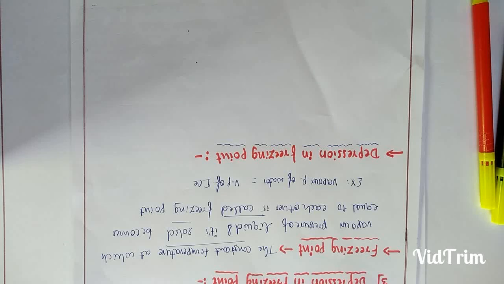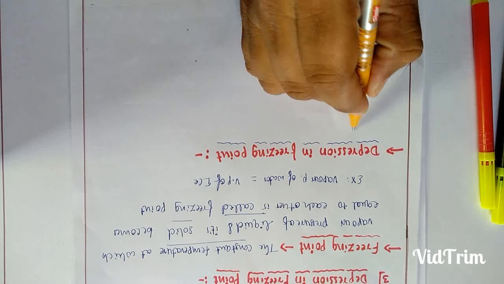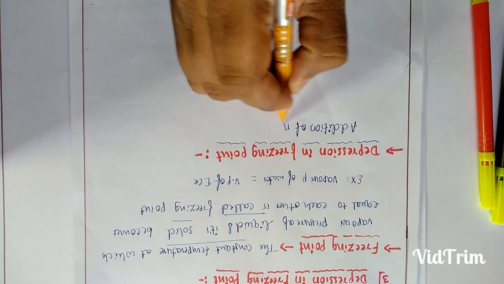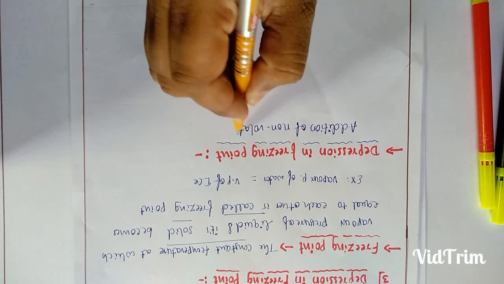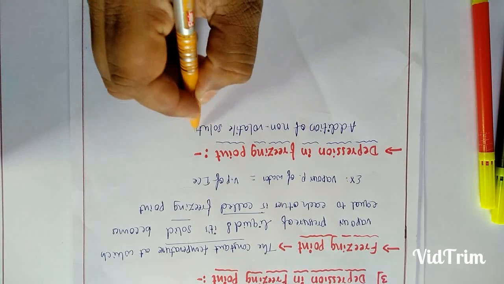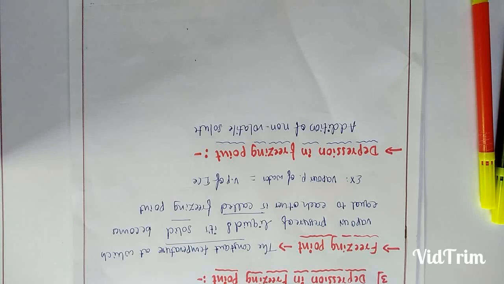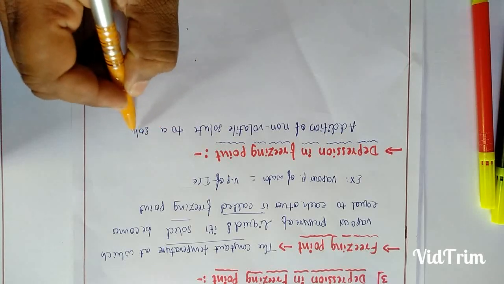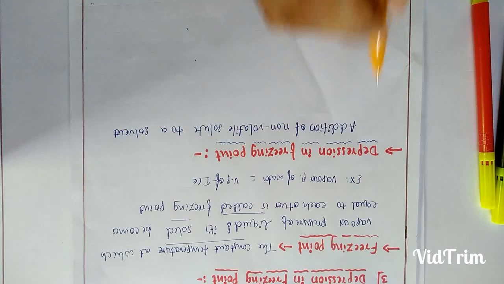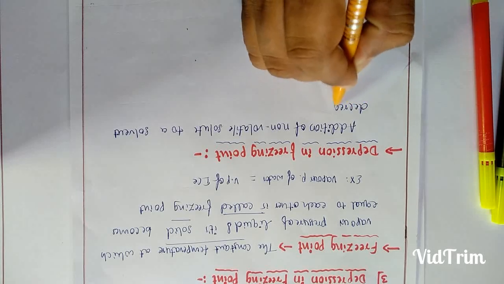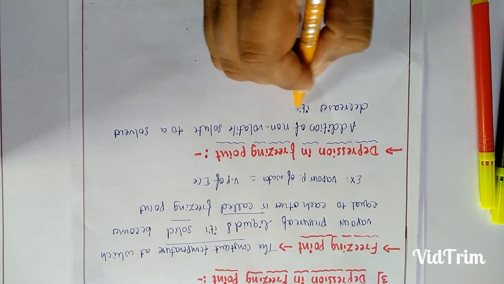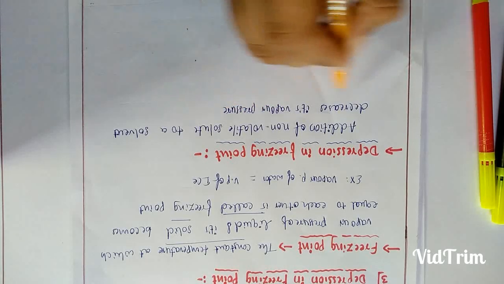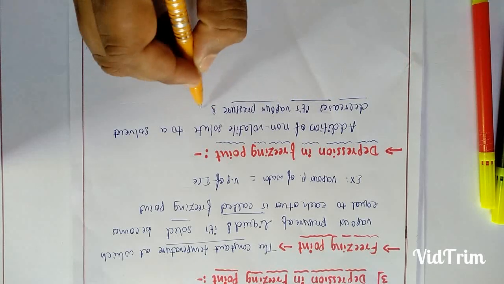So here, depression in freezing point means addition of a non-volatile solute to a solvent decreases its vapor pressure and freezing point.